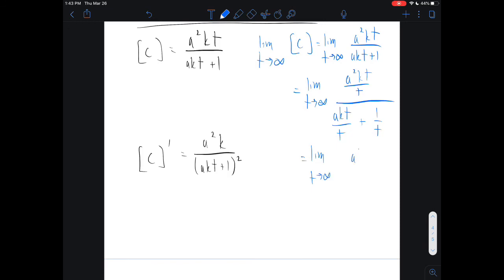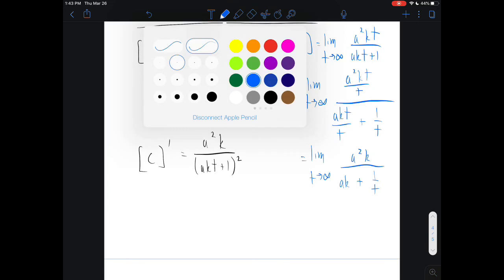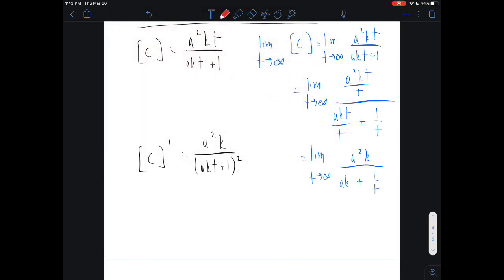So what we end up with is a squared k in the numerator divided by ak plus 1 over t. And now as t goes to infinity, we saw that something like 1 over t, this will become 0.